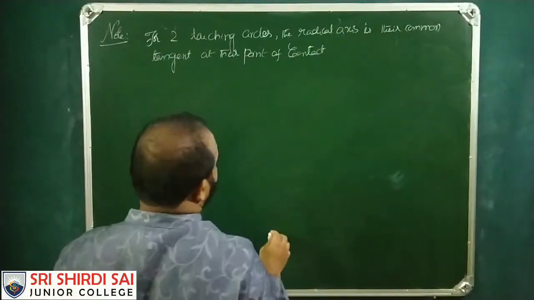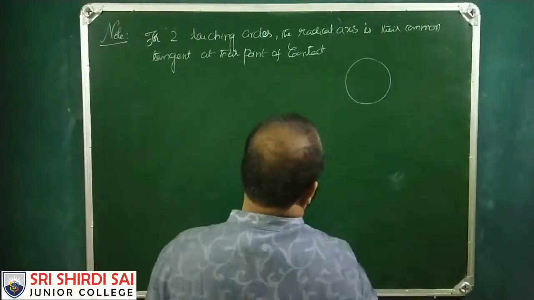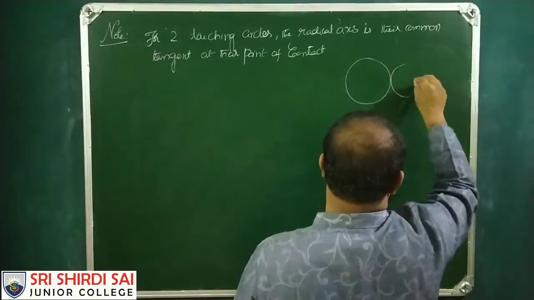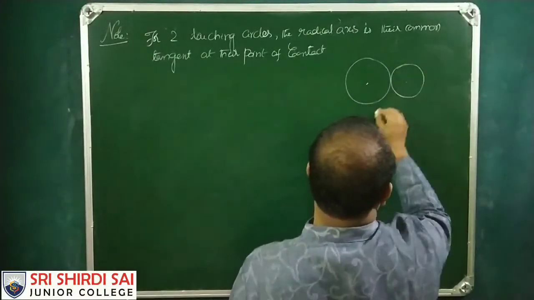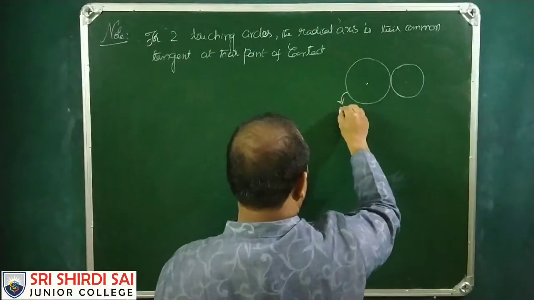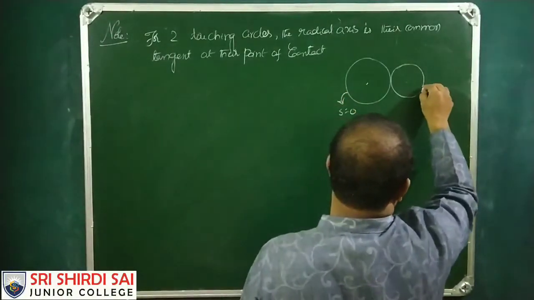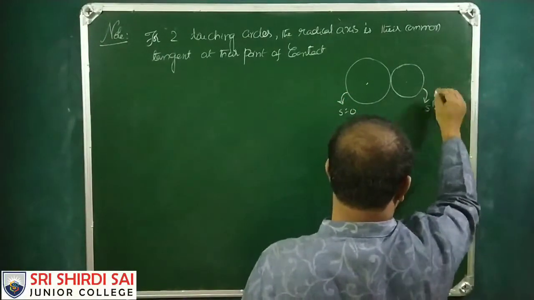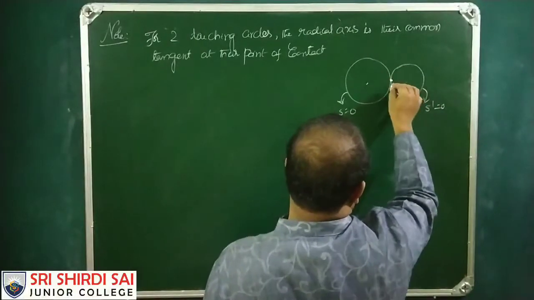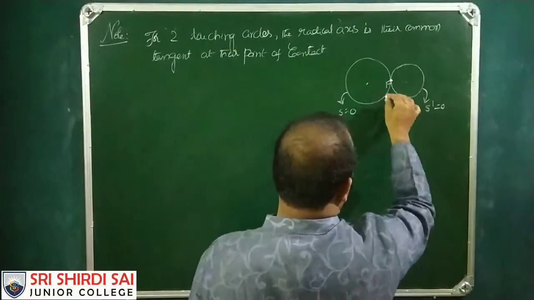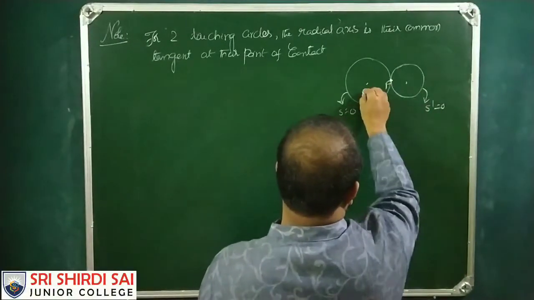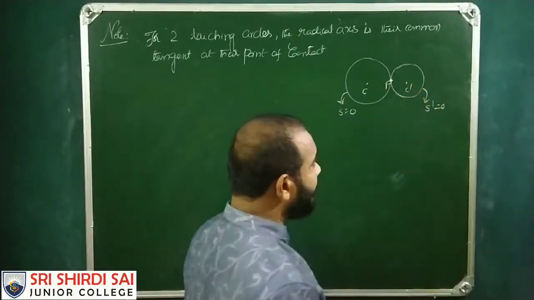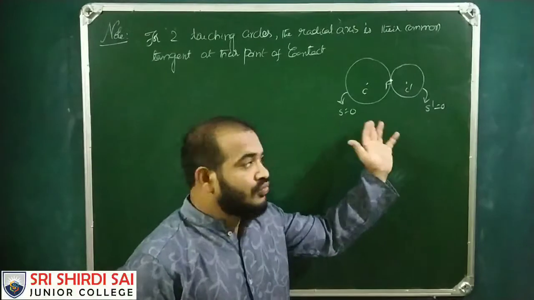That is, if I have two circles like this, these are the two touching circles. S is equals to 0. This is S dash equals to 0. Let us suppose that these two are touching at point P. These are C and C dash, the centers of these two circles.